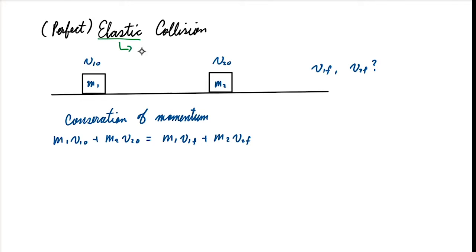This means energy is conserved as well. That's what elastic is. If you bounce a ball off the floor, it bounces up to exactly the same height. Of course, there's no perfectly elastic collision, but we can come very close. Billiard balls are almost elastic.